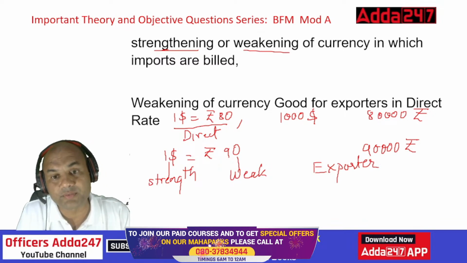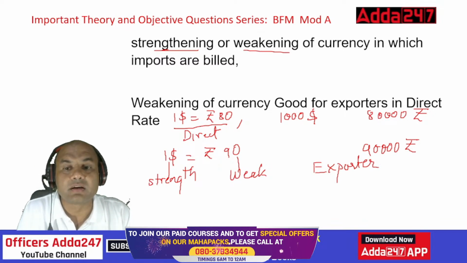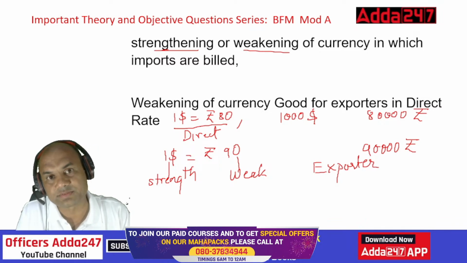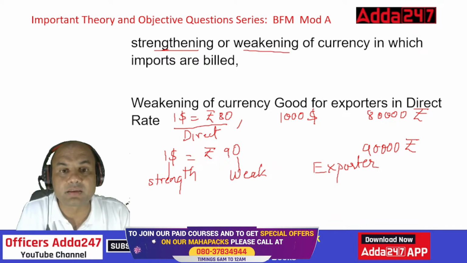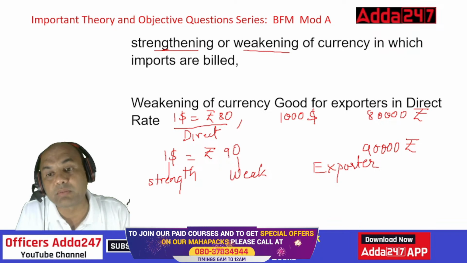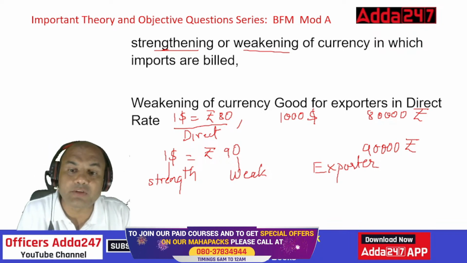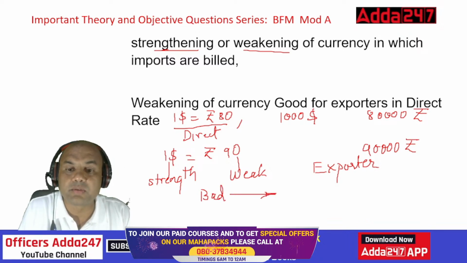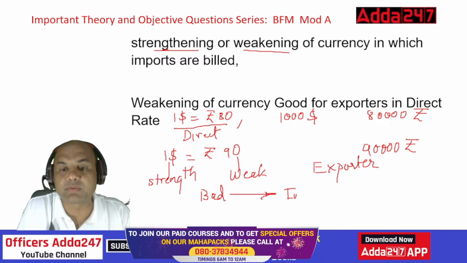I am the importer. Earlier I used to pay 80,000 rupees for buying this $1,000, but now the rupee has weakened. So I'll be paying 90,000 rupees for buying the same $1,000. So I'm paying more. So it is bad for the importers. Always remember, it is bad for the importers.